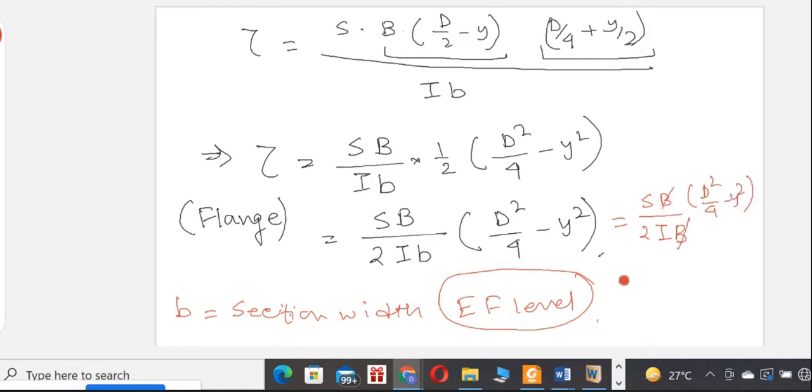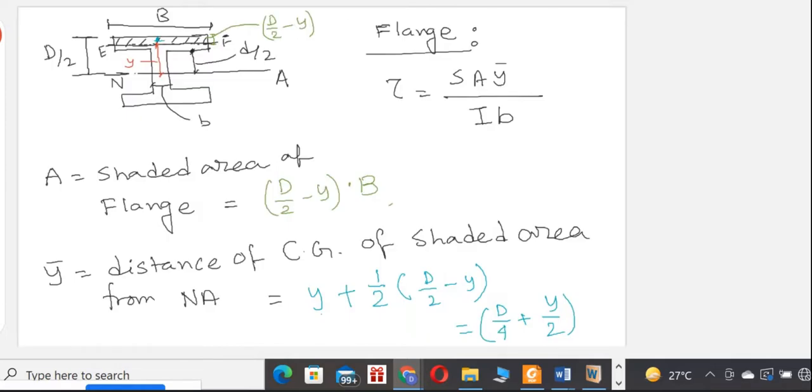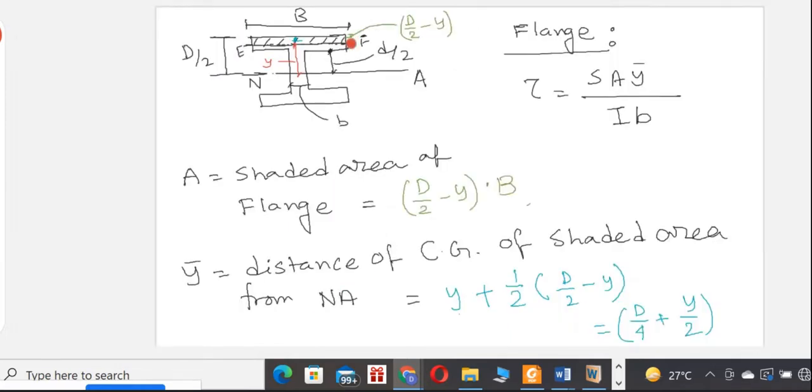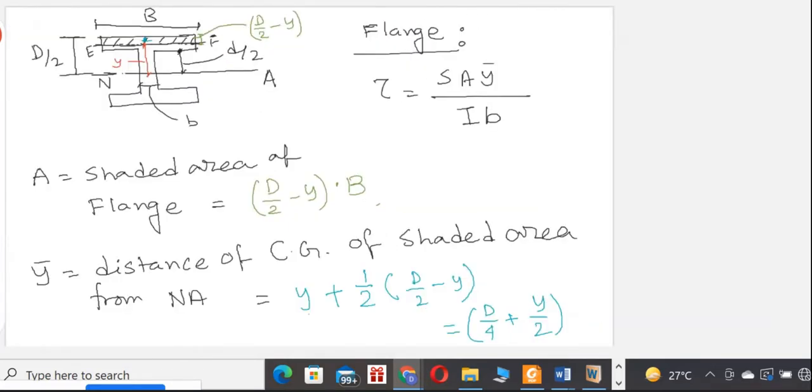Then we cancel it out and it comes up as S by 2I into d by 4 minus y square. This is the shear stress for this flange portion.